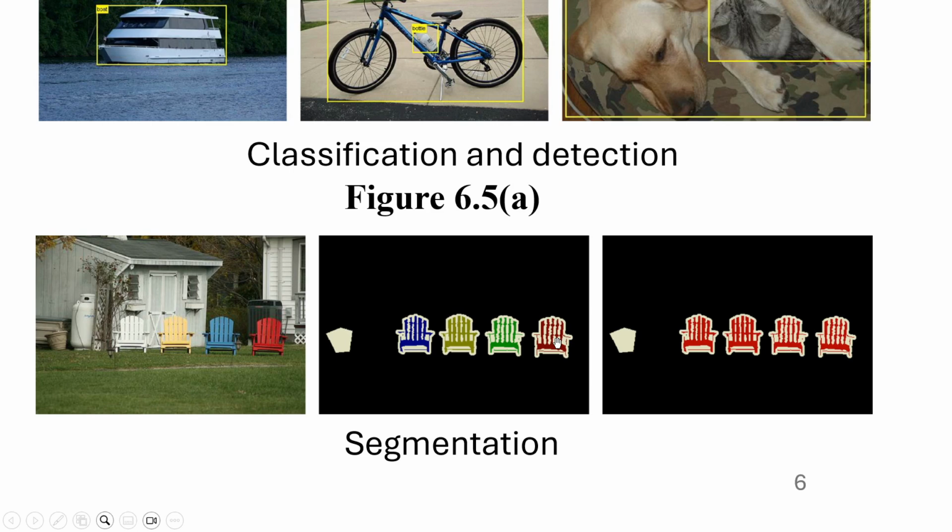They use different colors to label the 4 chairs. And this one is semantic segmentation. It means they only care whether this is a chair or not. If they are chairs, they try to segment them without considering whether this is the first chair, second chair, or third chair.